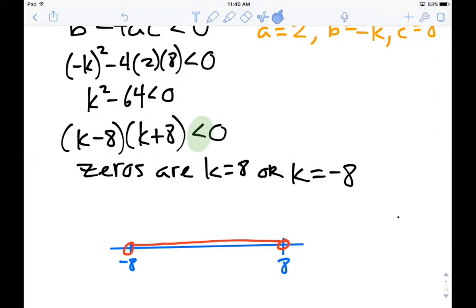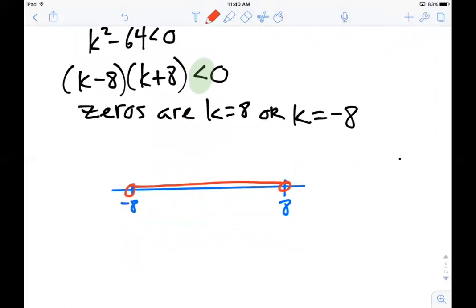The other way that we state this, here's a different way to think about it, is to say, therefore, and here's how I'm going to write it. I'm going to put negative 8 here at the beginning. I'm going to put k in the middle, and I'm going to put positive 8 at the end. I sometimes call this the sandwich method. I am sandwiching the k in between its lowest possible value and its highest possible value.